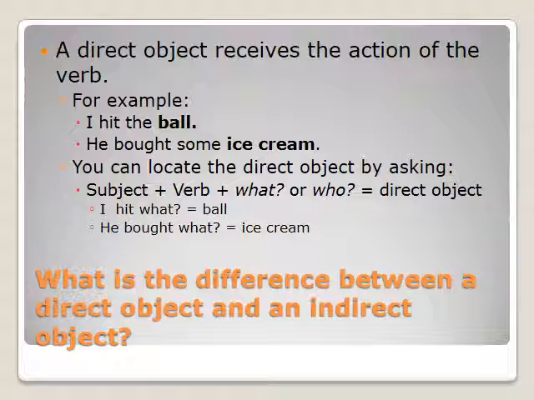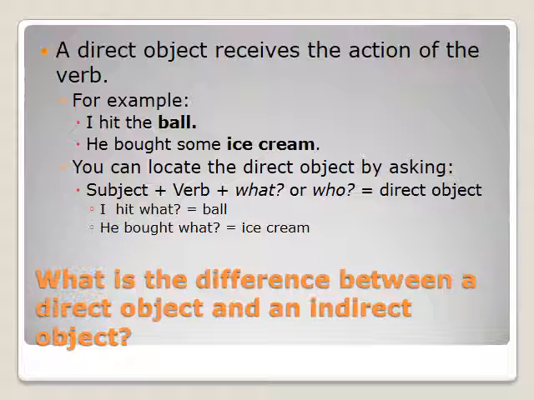I is the subject, the verb is hit, and then we're going to put what at the end because we're talking about an object. So I hit what? The answer to that is the ball. In the second one, the subject would be he and the verb would be bought. And so we're going to add what to the end, and you say he bought what? And the answer to that is ice cream. So this is how we find the direct object.